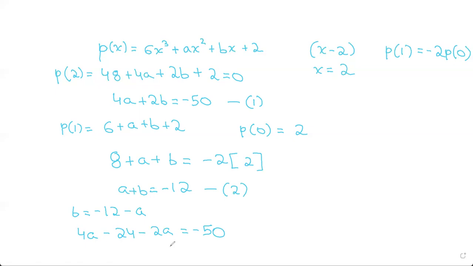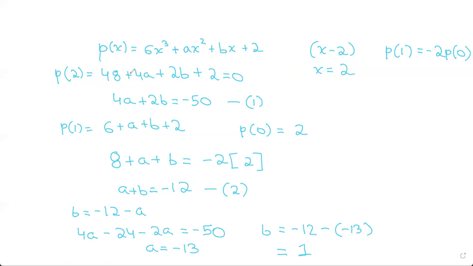So 2A is minus 26. So A will be minus 13. And now we know that B is minus 12 minus A, minus of minus 13. So B is minus 12 minus of minus 13. That is equal to minus 12 plus 13, which is 1.